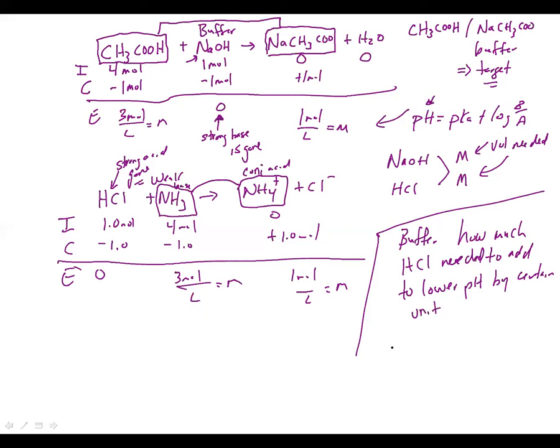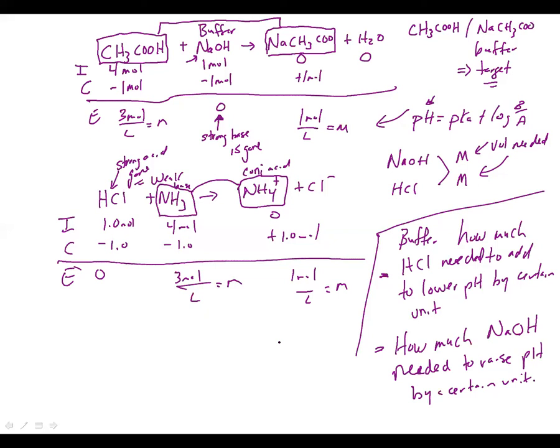And the second part would be how much sodium hydroxide would be needed to raise the pH by a certain unit. It tells you in the experiment how much you are trying to raise the pH and how much you are trying to lower the pH by.